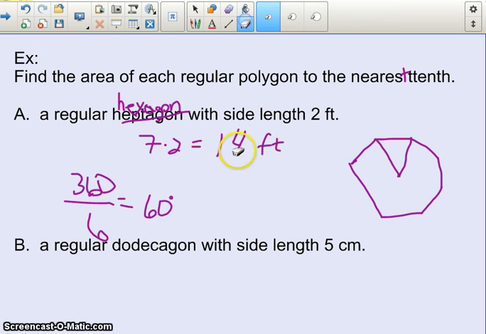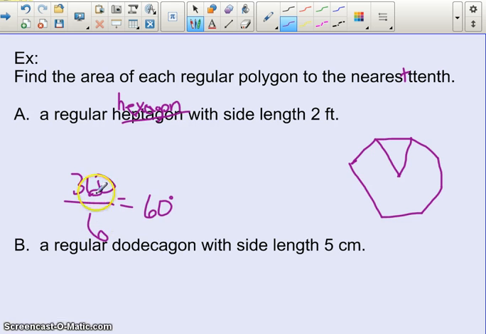Alright, the last problem there, we needed to know some trig functions to solve. So we're going to switch this just to a hexagon real quick, and the central angle on a hexagon would be 360 divided by 6, which is 60 degrees.